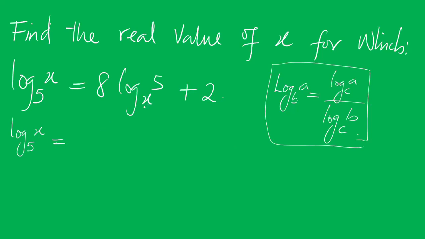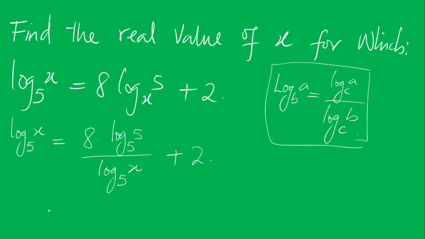Now we're going to apply it to the logarithm on the right hand side. So we're going to say 8 times log 5 base 5 divided by log x base 5 plus 2.